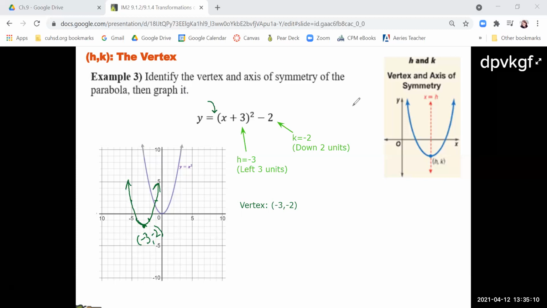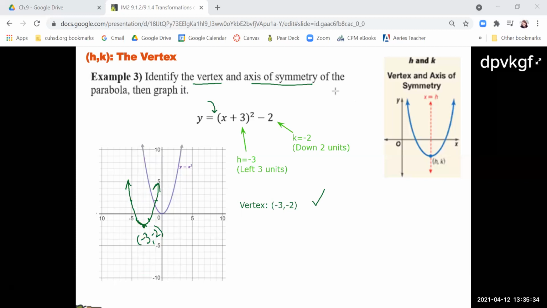And it also wants us to find the axis of symmetry. So we got the vertex, there's that. Now we're going to get the axis of symmetry. So the axis of symmetry is always a vertical line right through the center of your parabola. So it's going to be here.